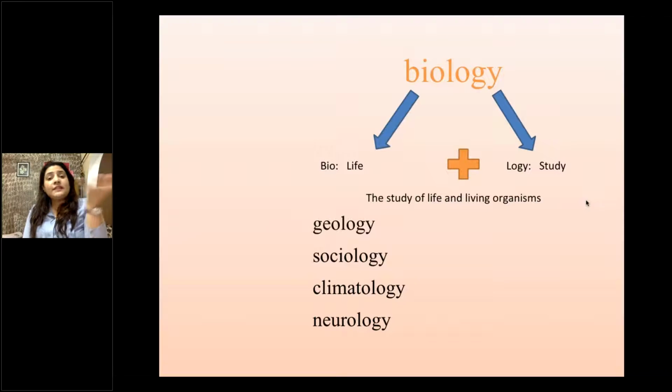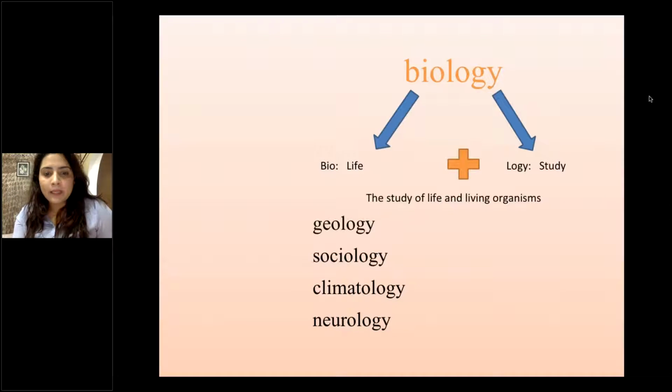Say there was a practice of sati, right? There was a practice where widow remarriage wasn't allowed. All such practices that crept into our society, which definitely had wrong consequences, were studied by sociologists. Again, IST is a suffix that's used with sociology.